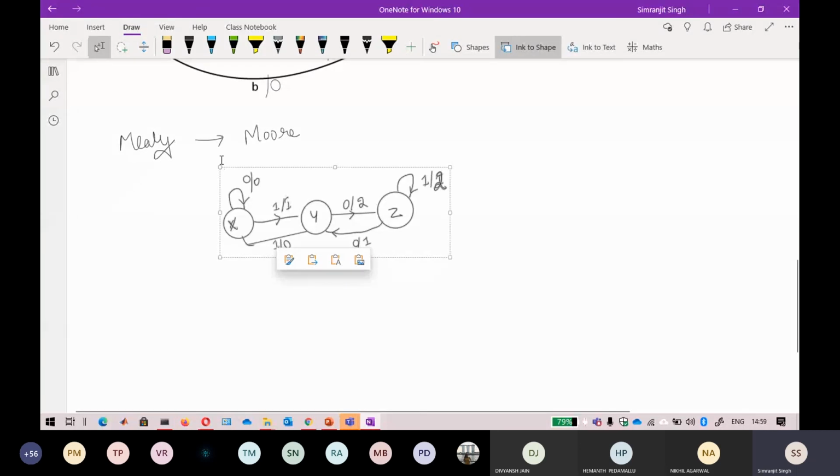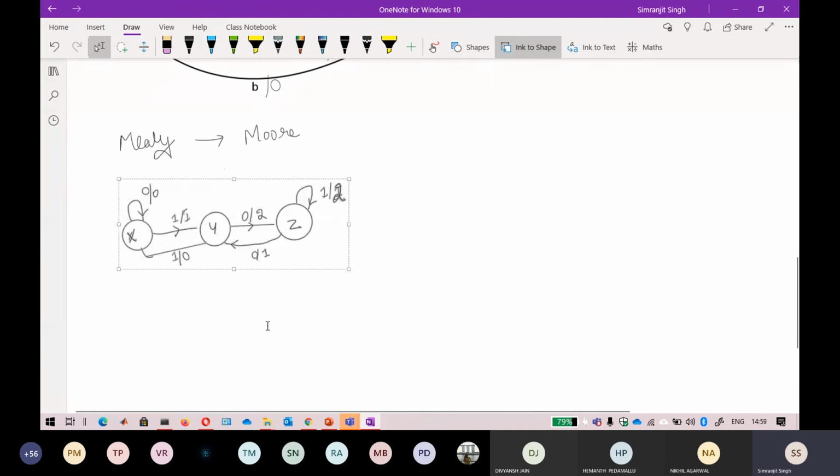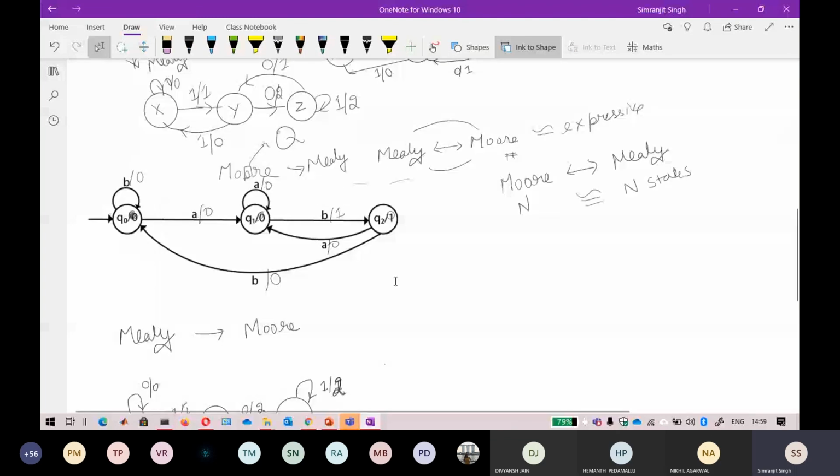The concept here is the same, so there is no need to worry about that. Again there are two methods. First is the transition table method. So I copy and paste the transition table.